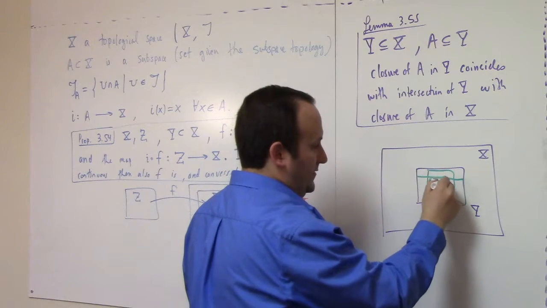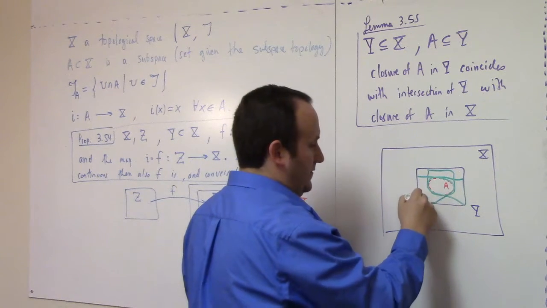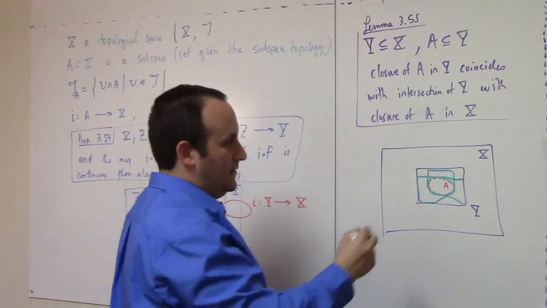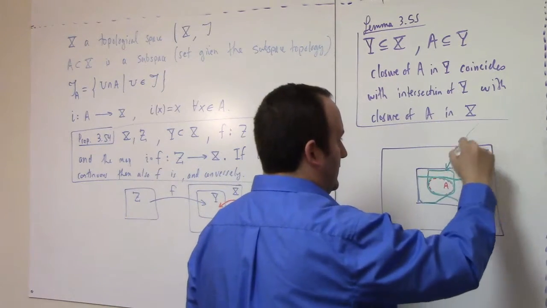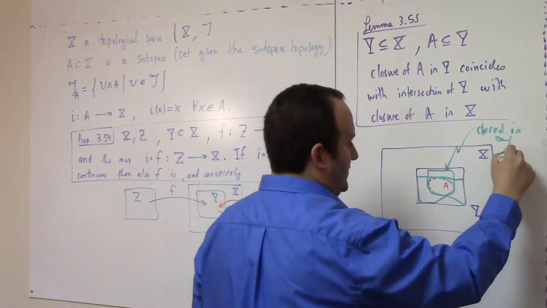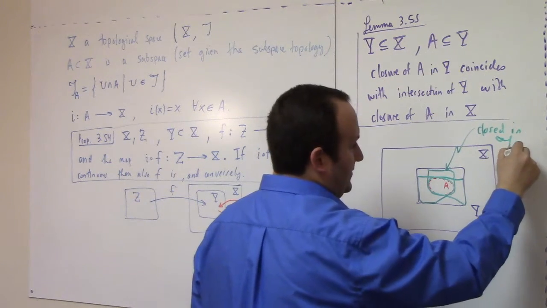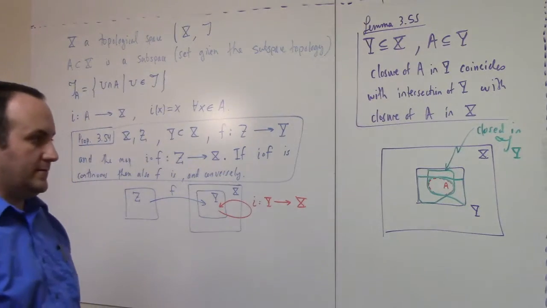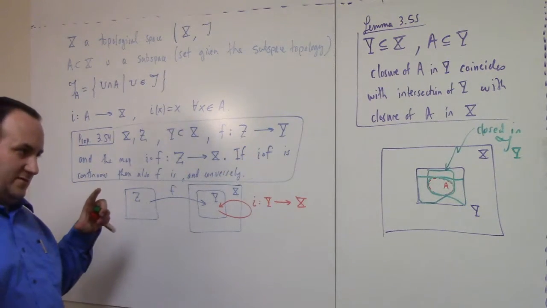Those are all subsets that are closed in the sense of the subspace topology of Y. So there's that notion of closure of A.